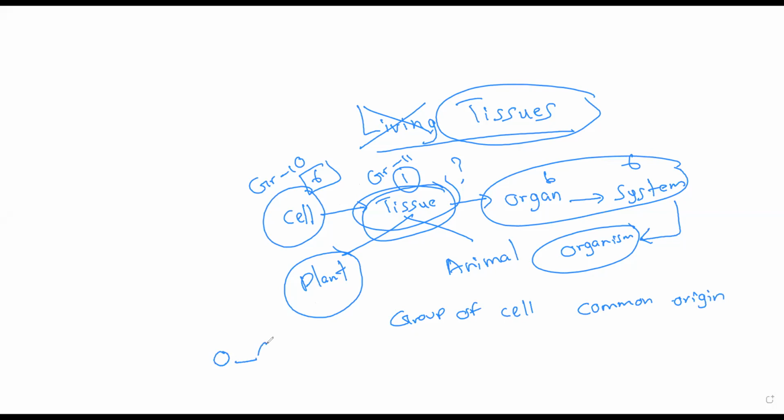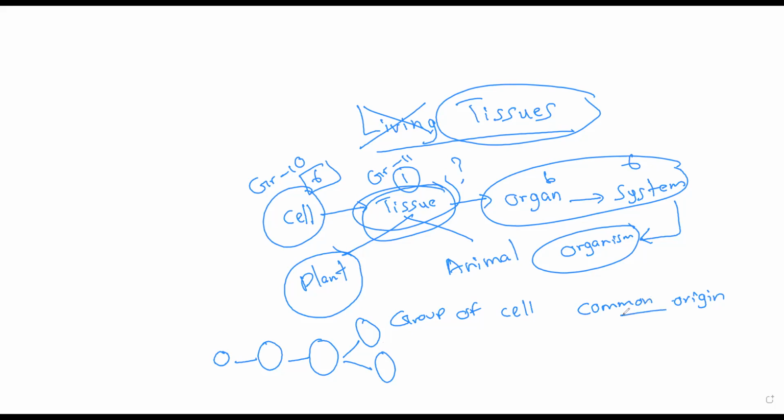The cell will start to grow, that means it will become big. At one point, it will start to divide. Because the cells are dividing, new cells are forming. When the new cells form, they can make up the tissue, right? So if there are new cells only, they can make up the tissue.